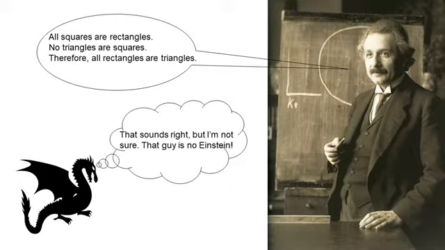So here's this scientist saying all squares are rectangles, no triangles are squares, therefore all rectangles are triangles. Logic Dragon says, that sounds right, but I'm not sure that guy is no Einstein.